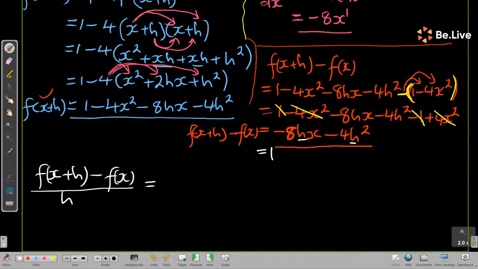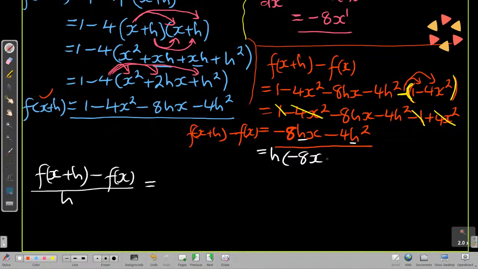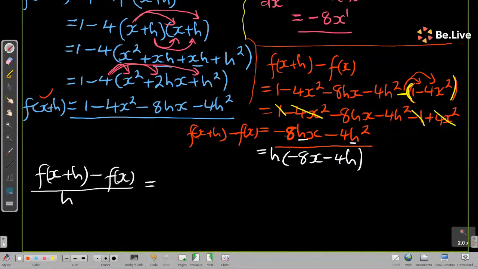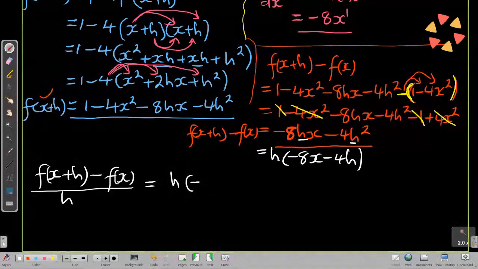So you'll take out the h, you'll have negative 8x, that is factorization, minus 4h. You see, h times negative 8x will be negative 8hx. H times negative 4h is negative 4h squared. So that's what I did. So in here we'll have h, that is the top part.